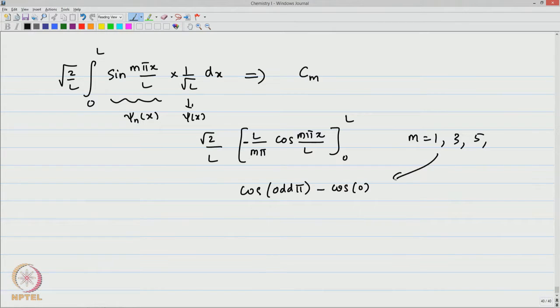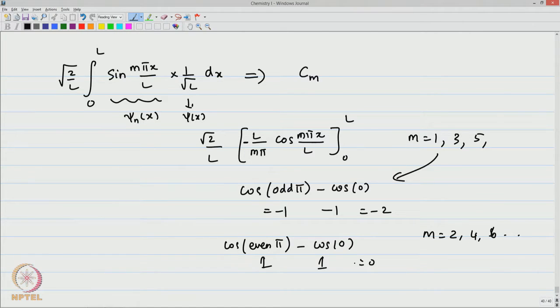This is minus 1, this is 1, so it is minus 2. But if m is even, etc., this will be cosine of even pi minus cosine 0, both of which are 1, and therefore, this goes to 0.